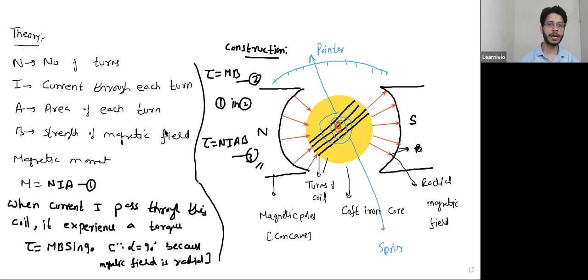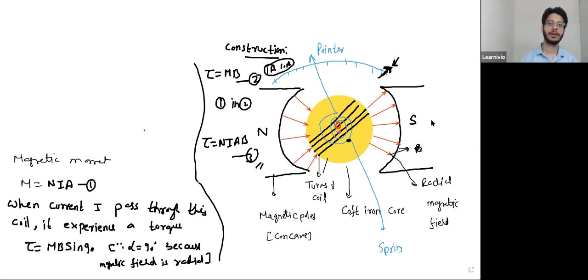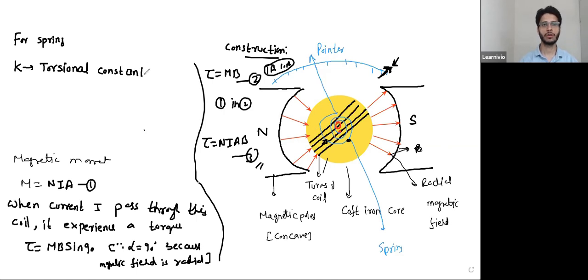So to stop this pointer, I'm using a spring. And that mechanism is this spring basically. See, what's the property of spring? For spring, I'm defining this K. This K is the torsional constant of the spring.